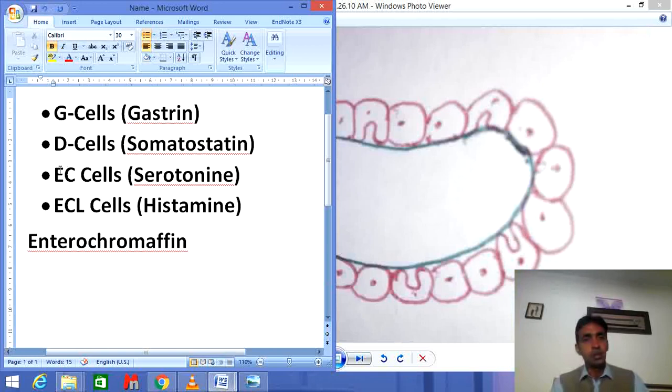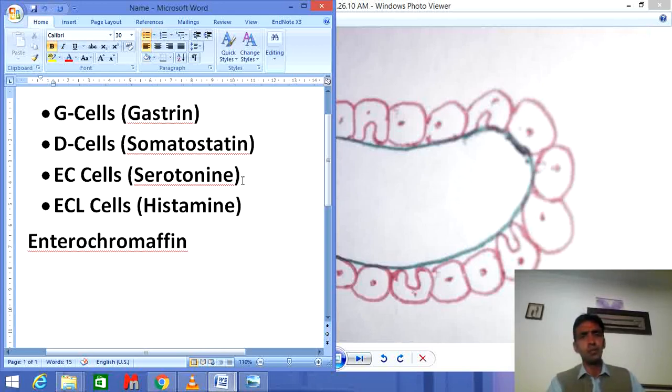There is a type of receptor called the histaminic receptor present on the parietal cell, and when the ECL cell secretes histamine, that histamine combines with the histaminic receptor of the parietal cell, which leads to activation of the parietal cell to secrete the HCl.